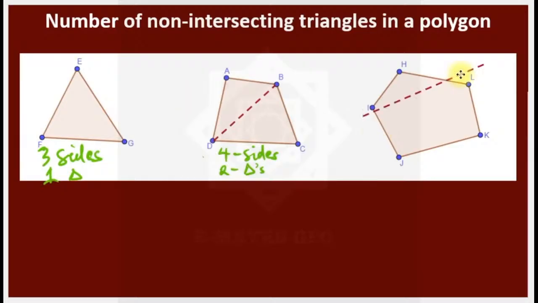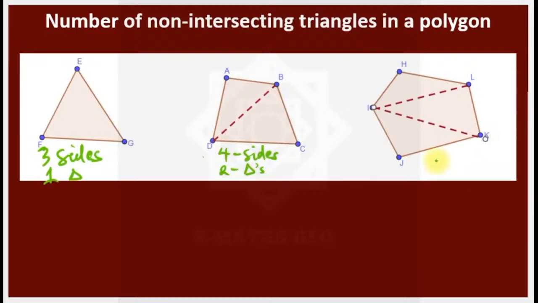we have this. Remember, non-intersecting. So they will not intersect, because we can still join H to K, but it will intersect. This is okay. So that's it.